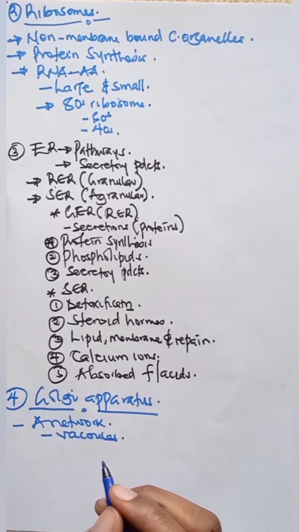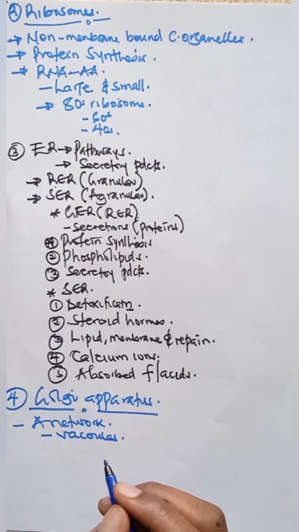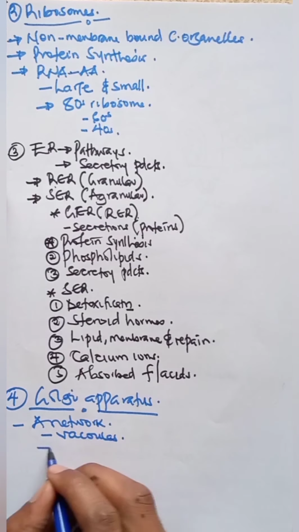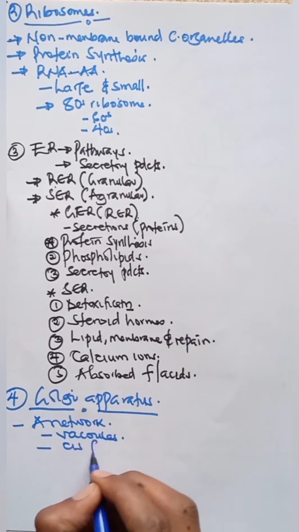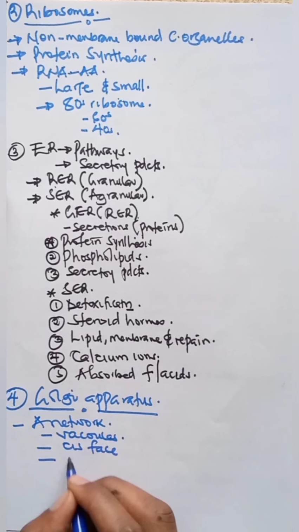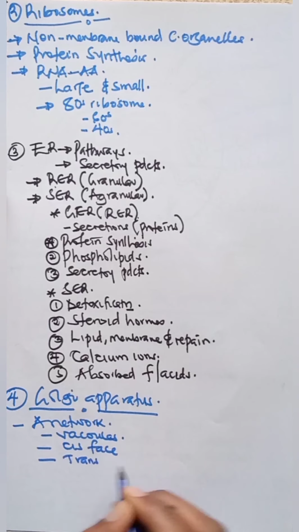So, of course, the Golgi apparatus has two faces. We have the cis face and the trans face. So the cis face is where the nucleus sits. We must appreciate that.